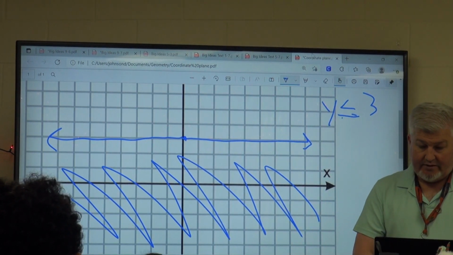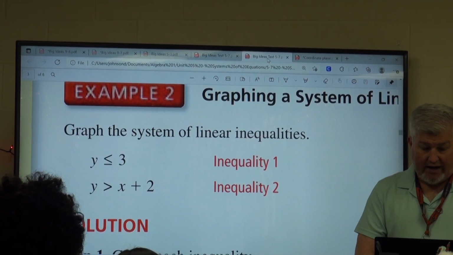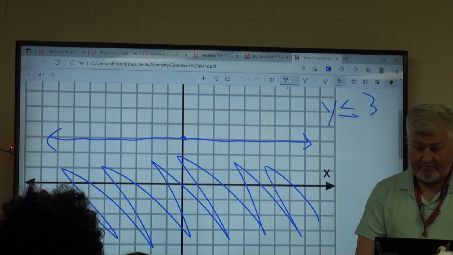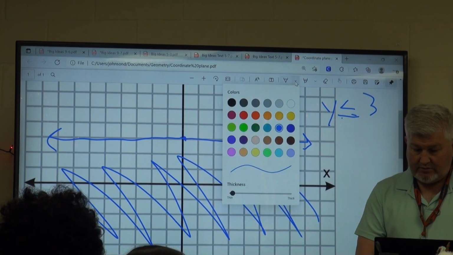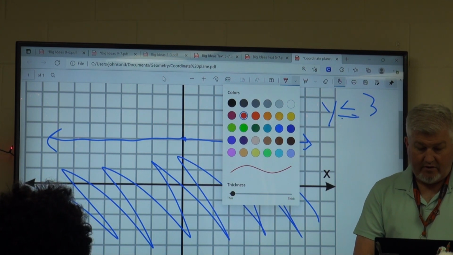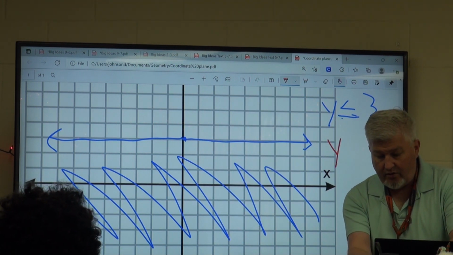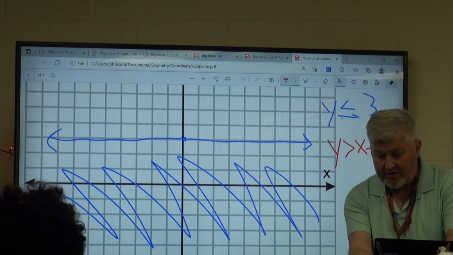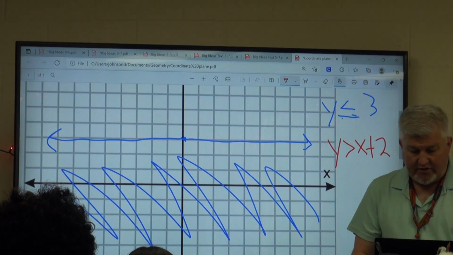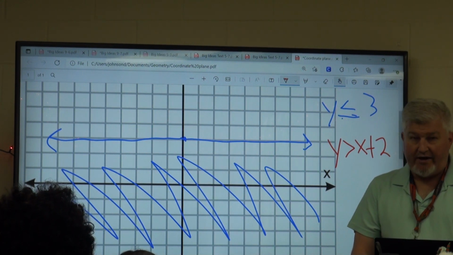All right. The other one is y is greater than x plus 2. Change the color. Go to red. Y greater than x plus 2. Okay? So when you graph that, of course, you go to the y-intercept.